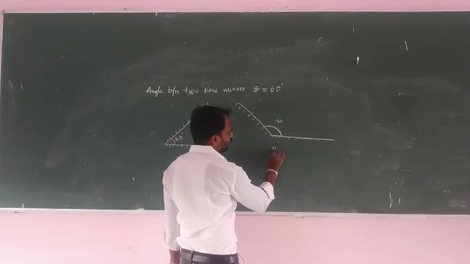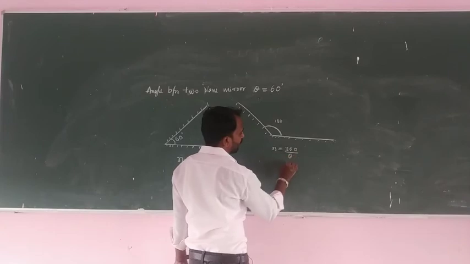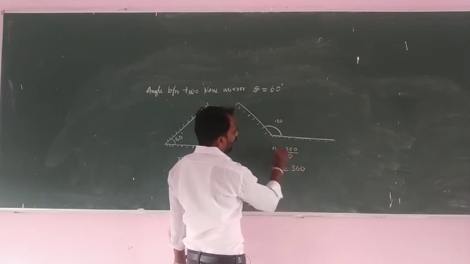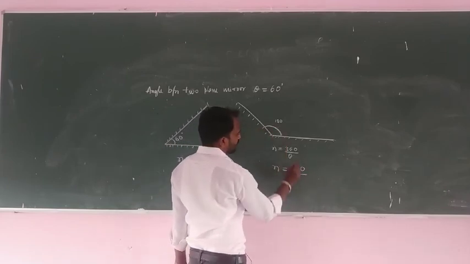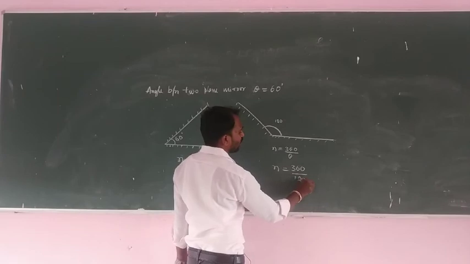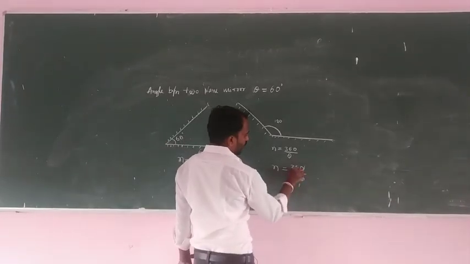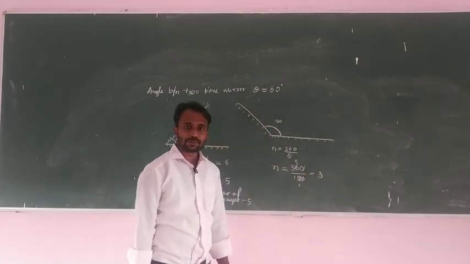So n is equal to 360 divided by theta. The angle between these two mirrors is 120, the zeros get cancelled, 1 and 3. So here the n value is 3.